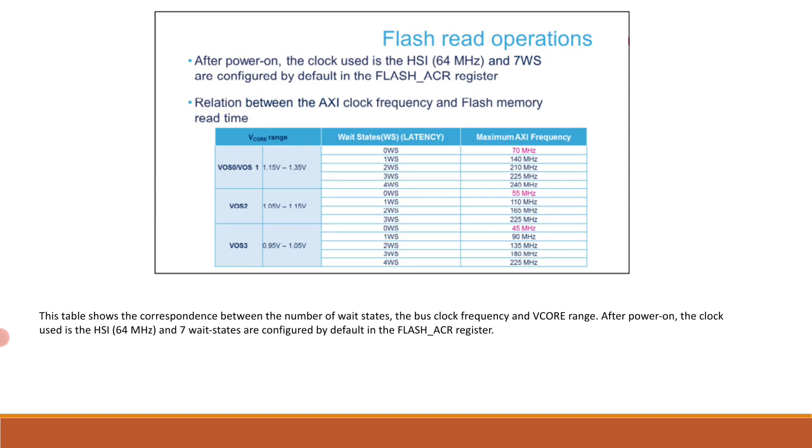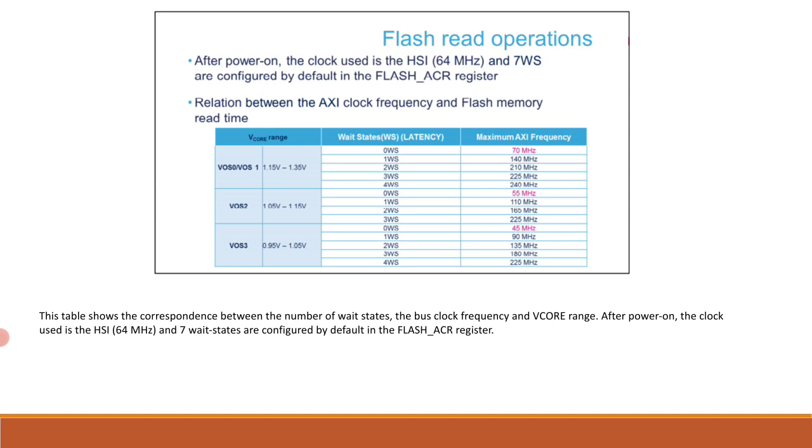The voltage ranges given in VCore are 1.15 volt to 1.35 volt, 1.05 volt to 1.15 volt, and for VOS3, 0.95 volt to 1.05 volt, with corresponding latencies up to 4 wait states.